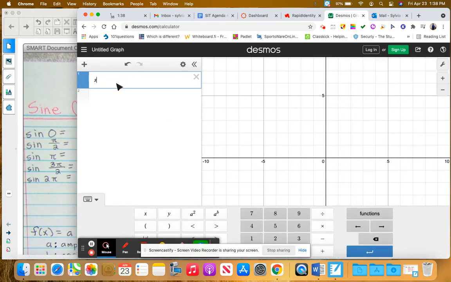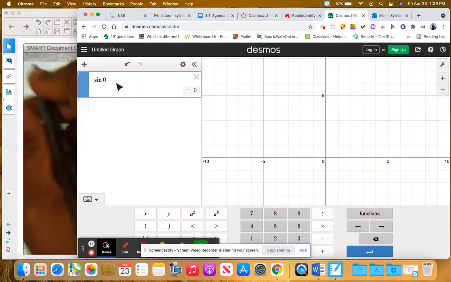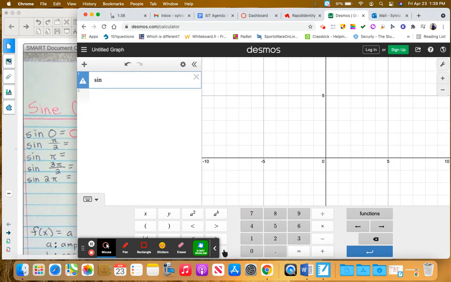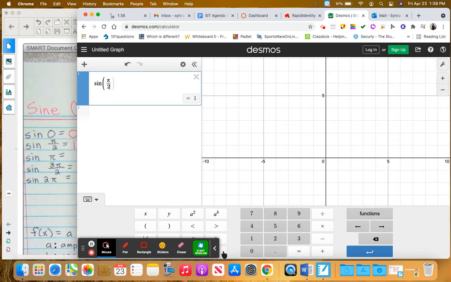So I'm going to type in the sine of 0, and I got 0, so I'm going to fill that in. Next, I'm going to do the sine of pi halves. And make sure when you type it in that you put some parentheses so that only that number is in parentheses. There we go. I got 1.